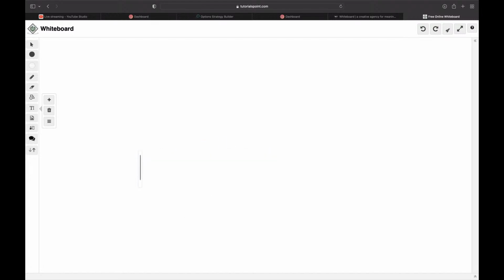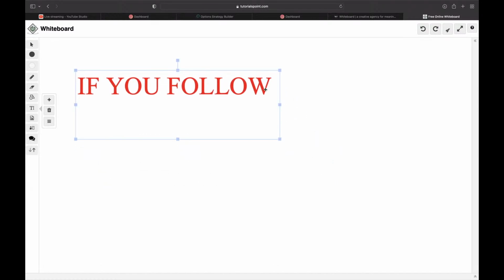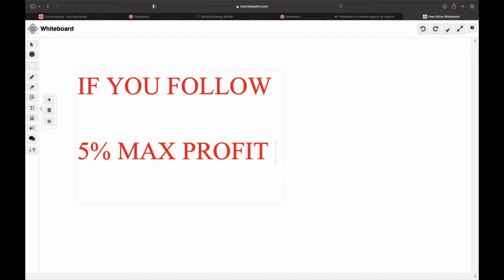Till then, I'll explain. If you follow this strategy, these are the rules. Okay. Number one will be 5% max profit every month, and 1 lakh is the capital requirement.